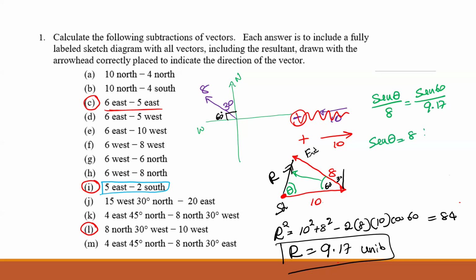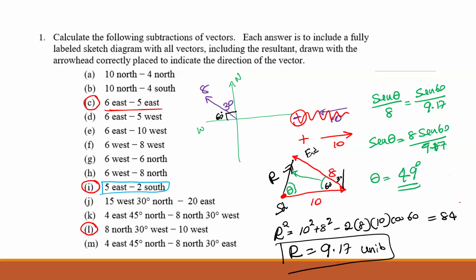It is 8 times sine 60 divided by 9.17. So you can find theta by taking the sine inverse of this. So 8 times sine 60 divided by 9.17, 0.755. So I take the sine inverse of that, and I get 49 degrees.